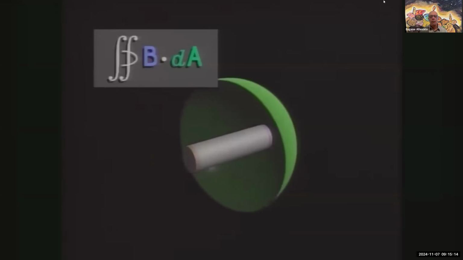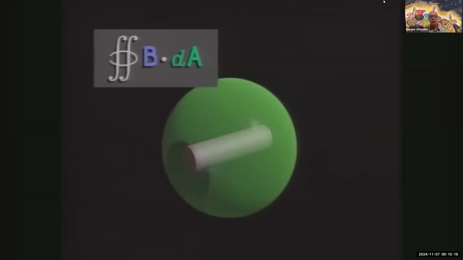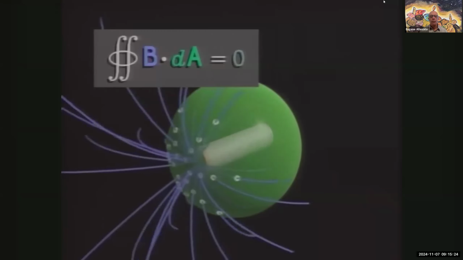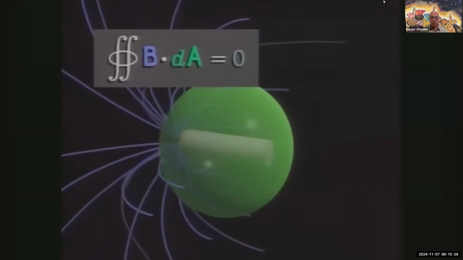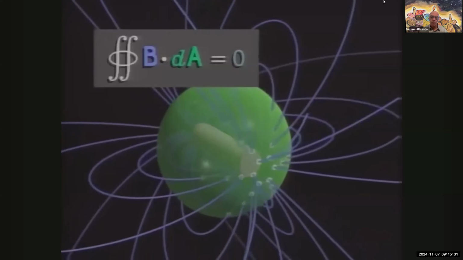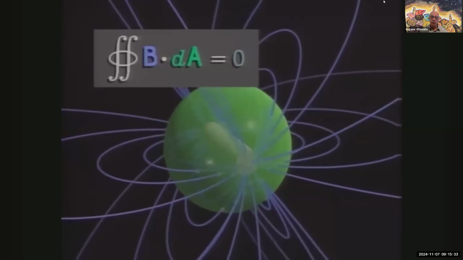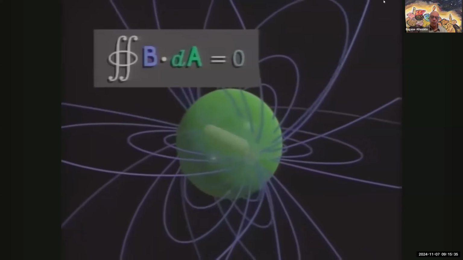And the magnetic flux through any closed surface is always equal to 0. These are Gauss's laws for electricity and magnetism.